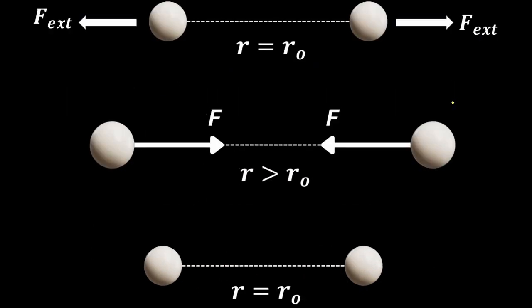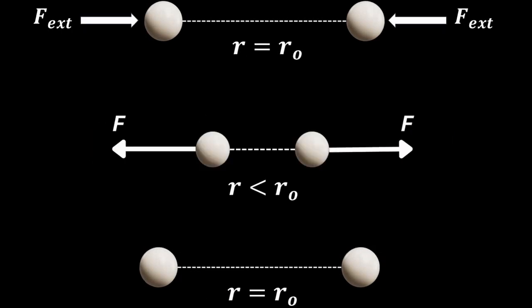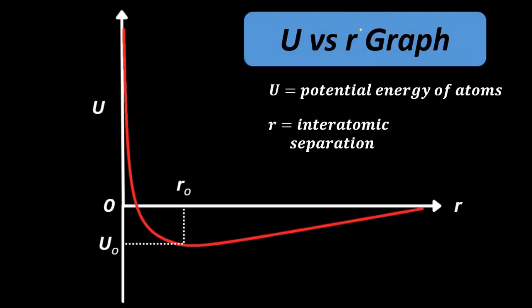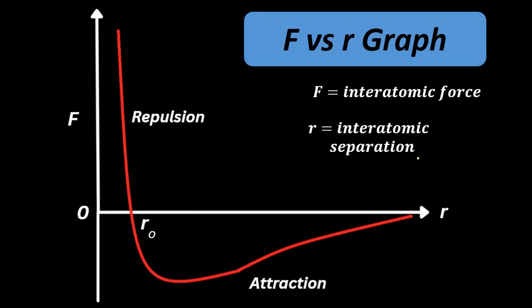This we studied in the previous video, on elastic behavior in terms of interatomic forces, so I will not go into that, and that led us to the potential energy versus separation distance graph, and the interatomic force versus interatomic separation graph.